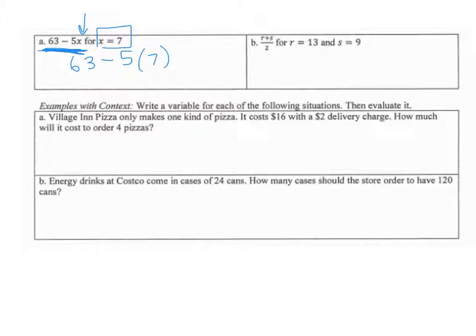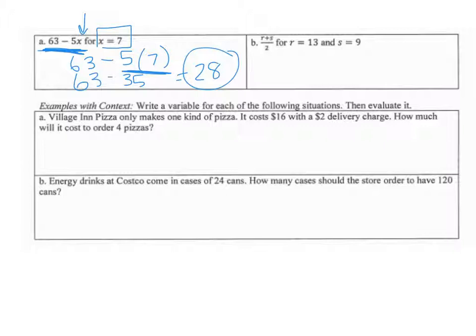Next, you do the order of operations. I need to multiply 5 times 7 first. So 63 minus 35. Well, 65 minus 35 is 30. It's going to be 2 less than that, so the answer is 28.